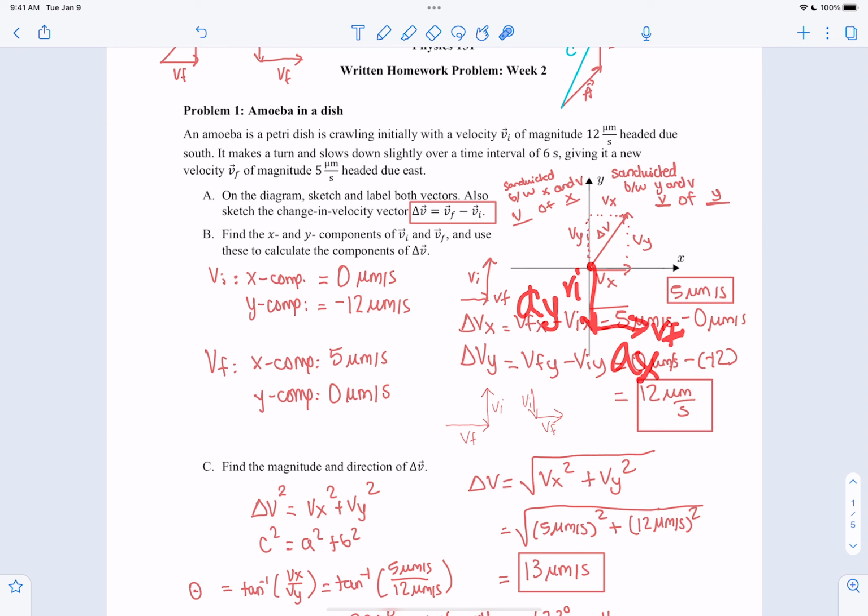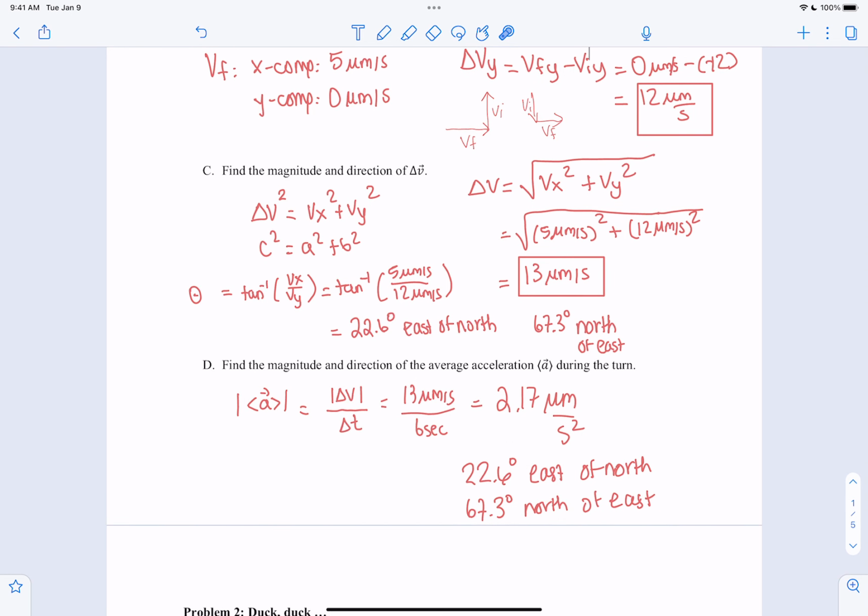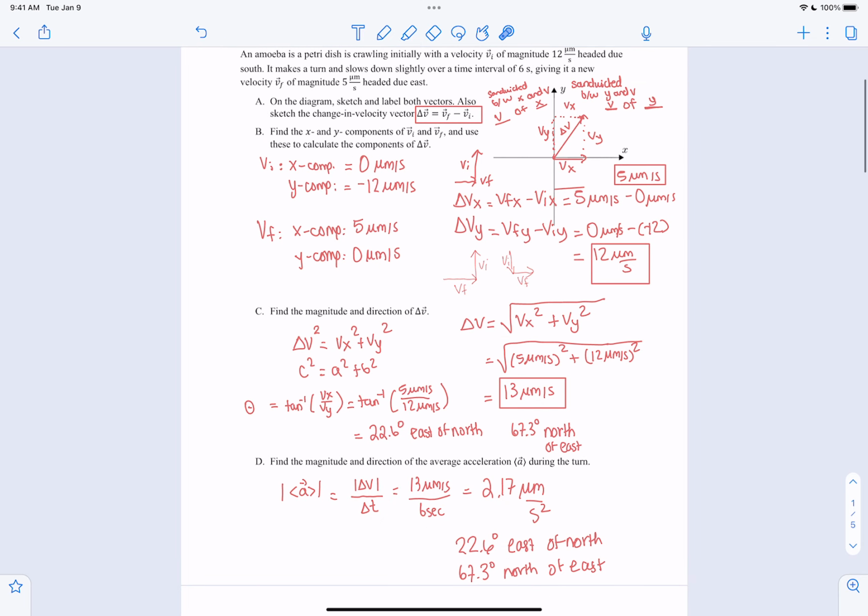Okay. Yeah, honestly, I'm not 100% sure if there's a better way to explain that, other than that we're concerned with just the direction of the velocity and not the actual final position.